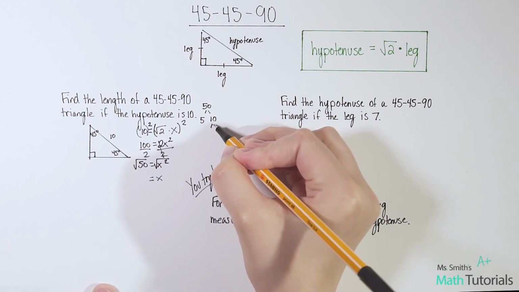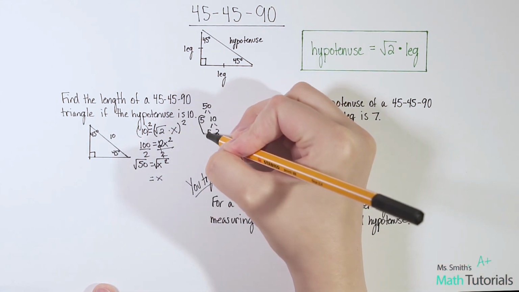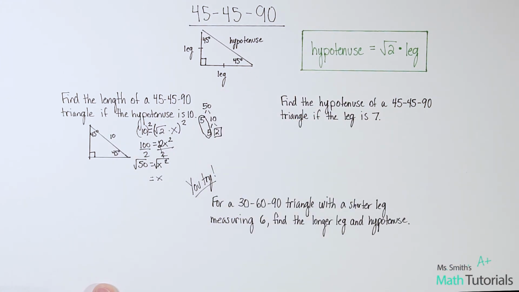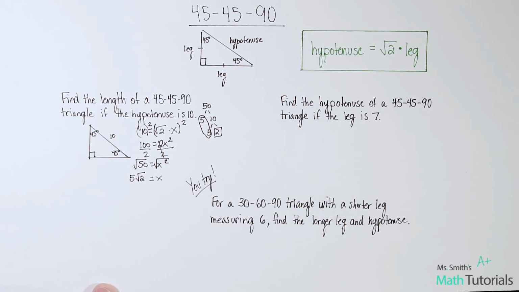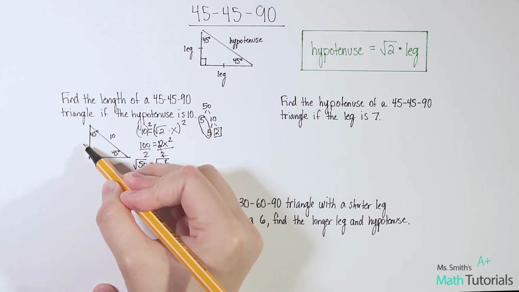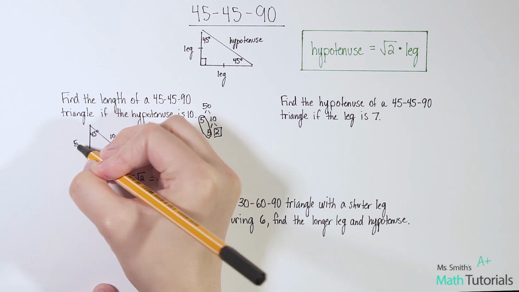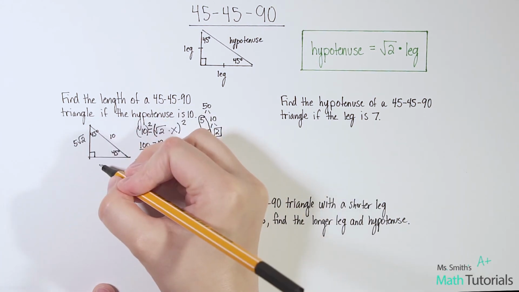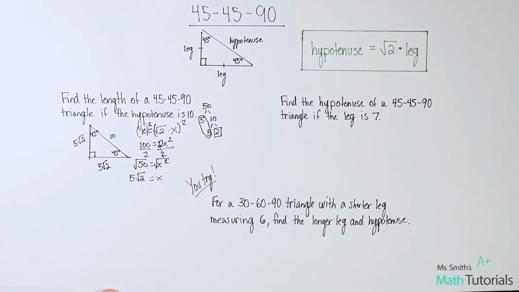And then 10, of course, I can break down to 5 and 2. So at this point, I've got a pair of 5s. The 2 has to stay in jail. Okay, so I've got a 5 times a square root of 2 equals x. So if this leg, which I had originally picked as x, is 5 times square root of 2, then so is this leg, right? Because they are equal to each other.